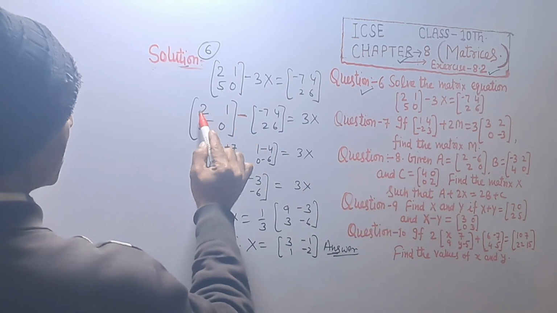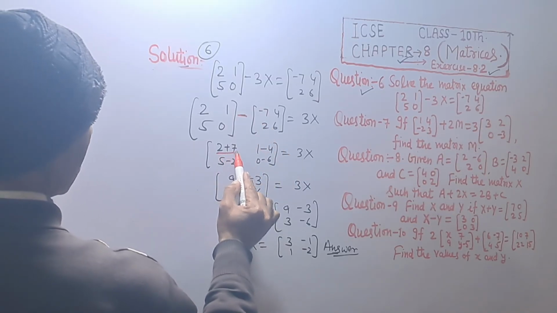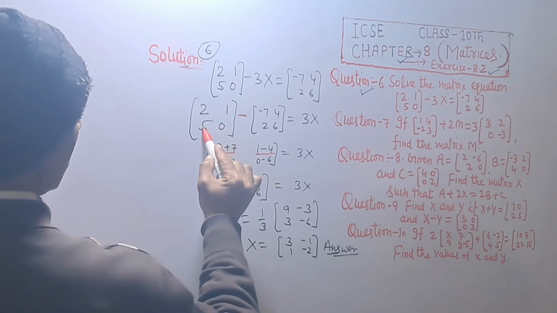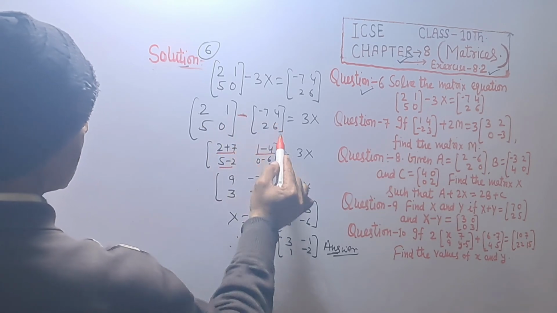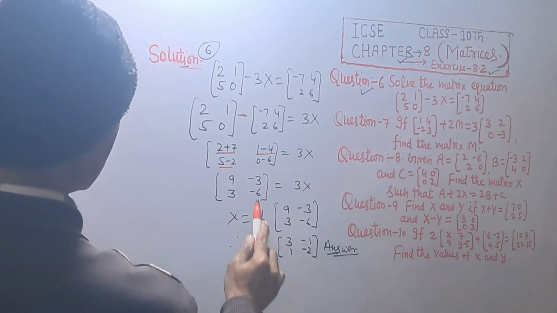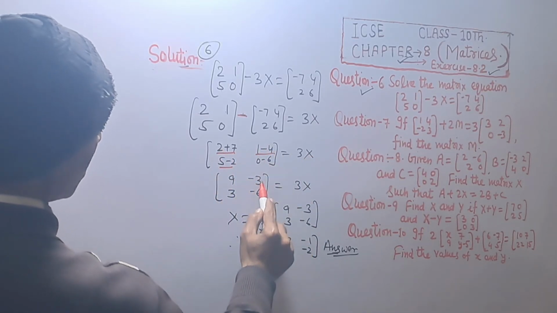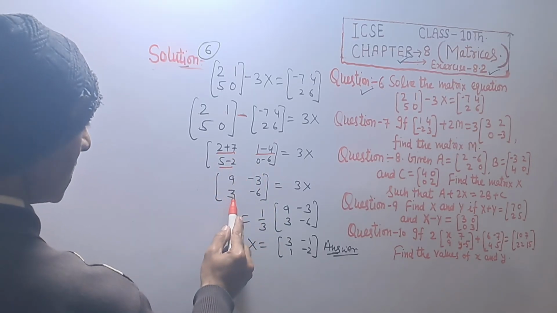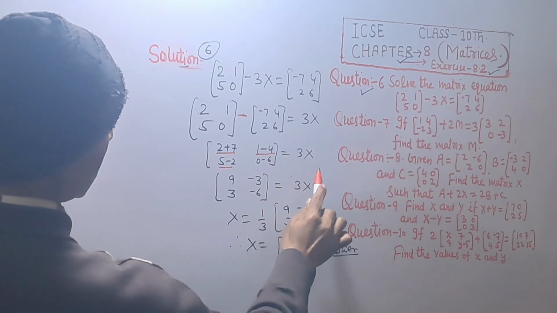The first element is 2 minus minus, which is plus, 2 plus 7. Then 1 minus 4, 5 minus 2, 0 minus 6 equal to 3x. 2 plus 7 equal to 9, 1 minus 4 equal to minus 3, 5 minus 2 equal to positive 3, 0 minus 6 equal to minus 6, equal to 3x.